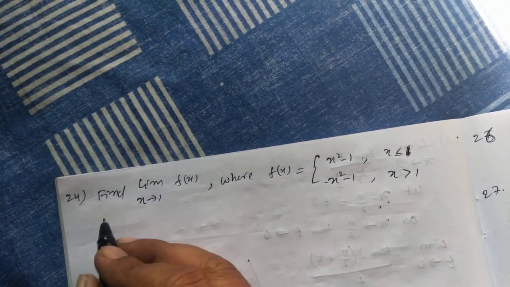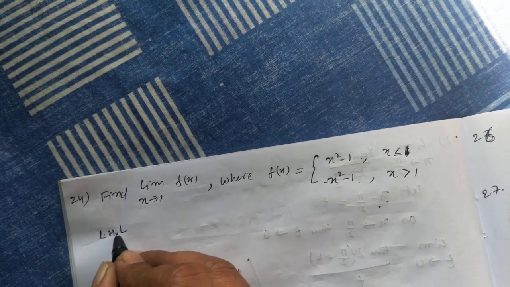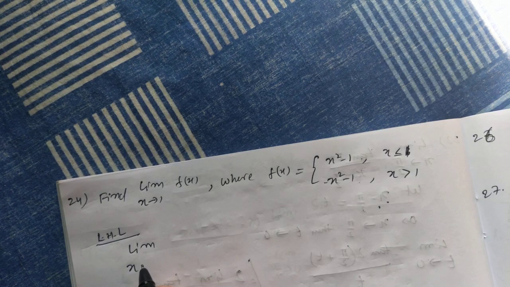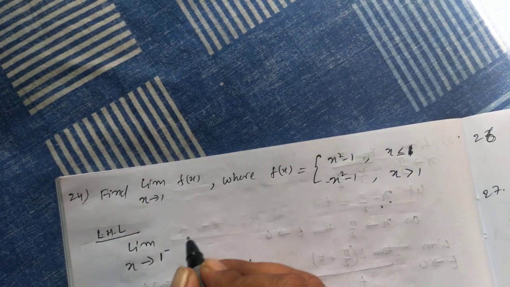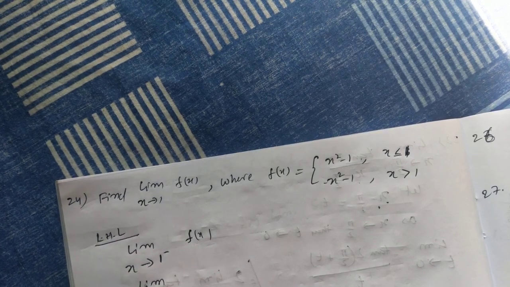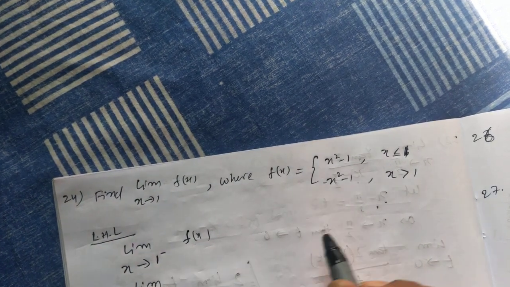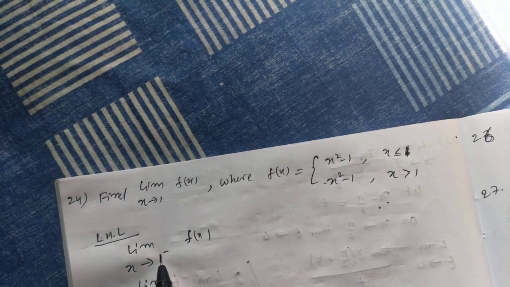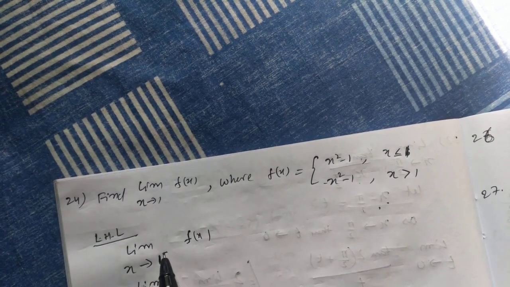Let's do question number 24. Here we have to check only for 1. So left hand limit, that means limit x tends to 1 negative f(x). Negative means approaching from less than 1.